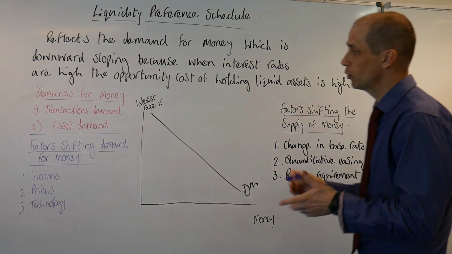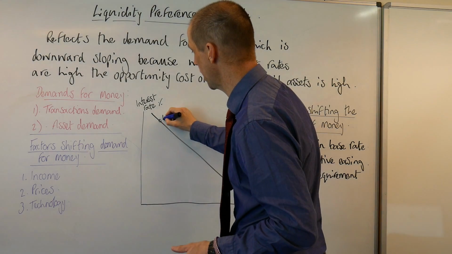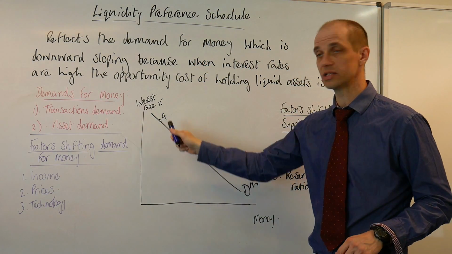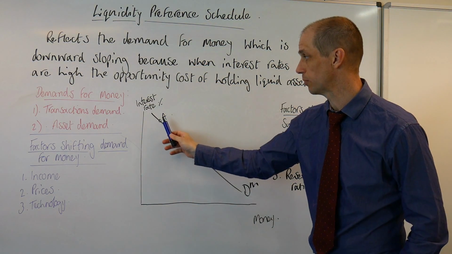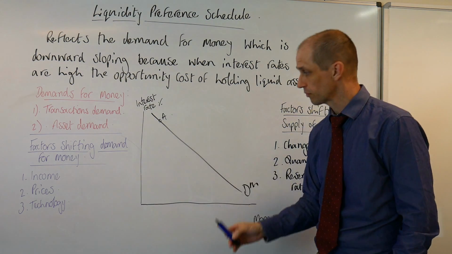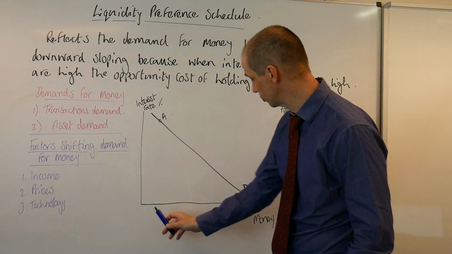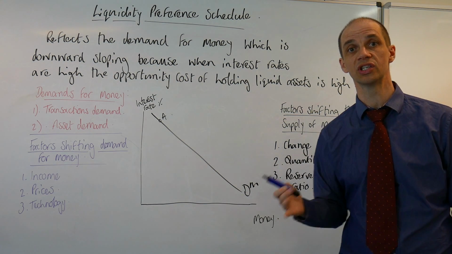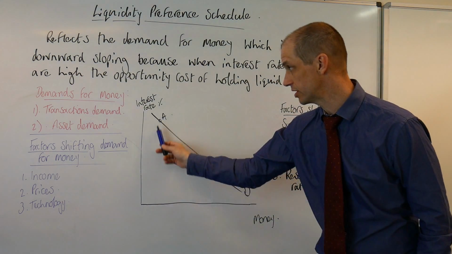Okay, so if we start off at point A up here, then we can see that there's a very, very high interest rate corresponding to point A. Now at point A we can also see that there is a low quantity of money which is actually demanded.